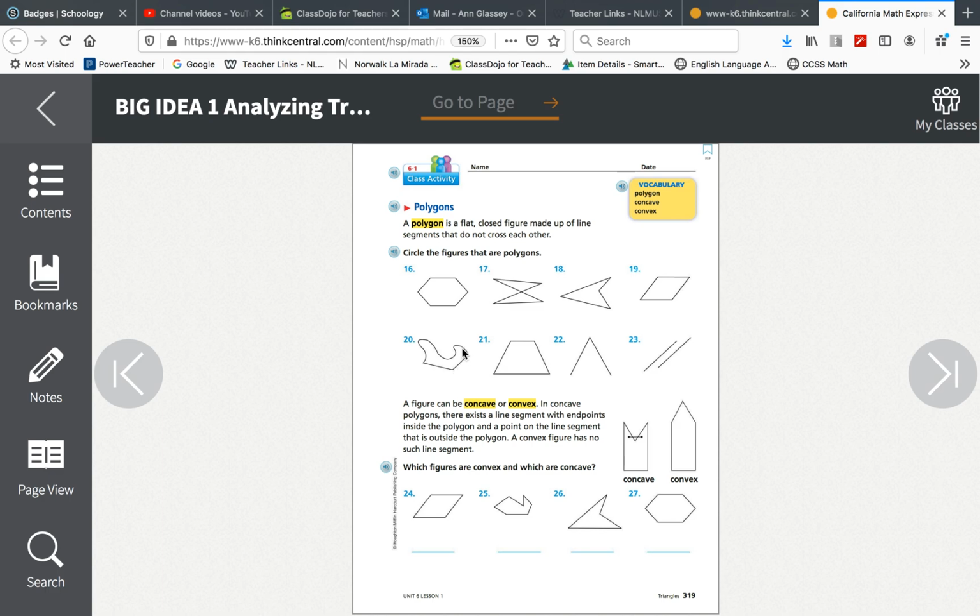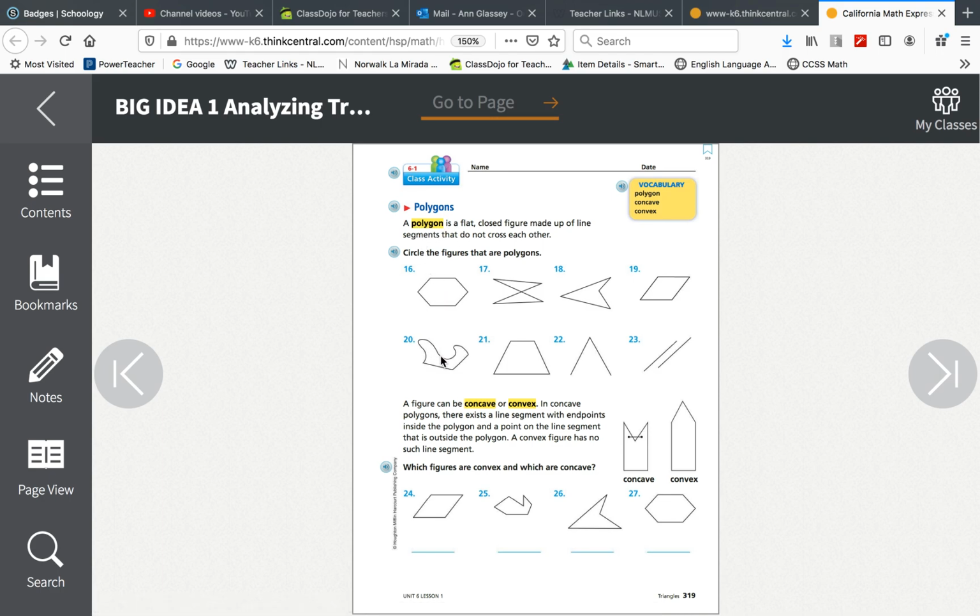Now, some people wonder about this. This is not a line segment. It's curved. Line segments are straight with two endpoints. So, is it a polygon?